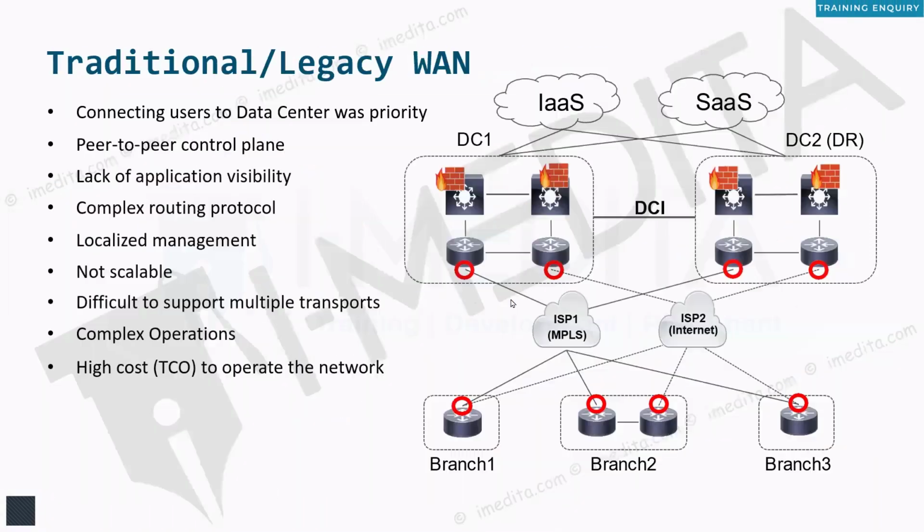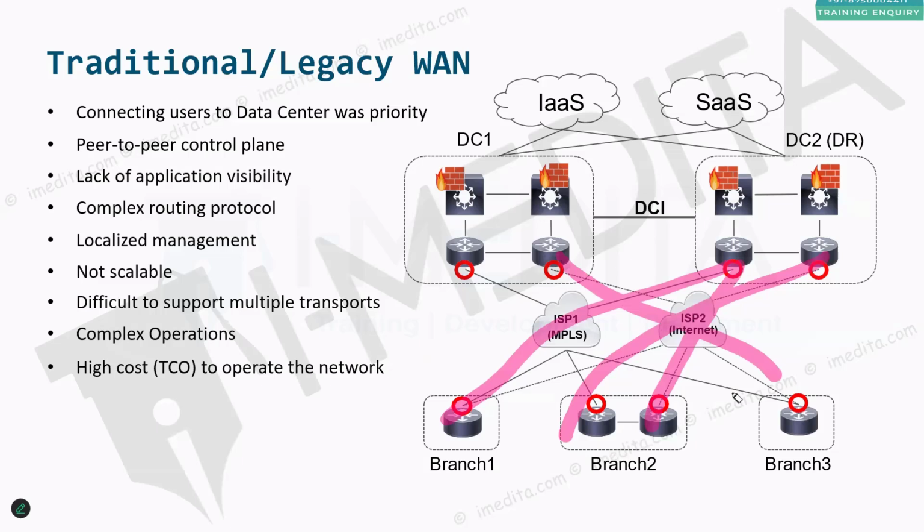And we were already using technologies such as DMVPN, where the devices will form some sort of VPN tunnel, from here to here, from here to here, some here to here, some here to here.